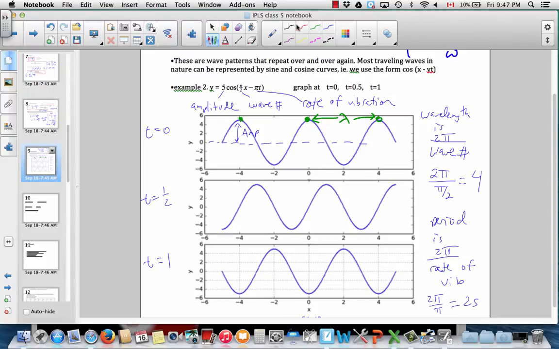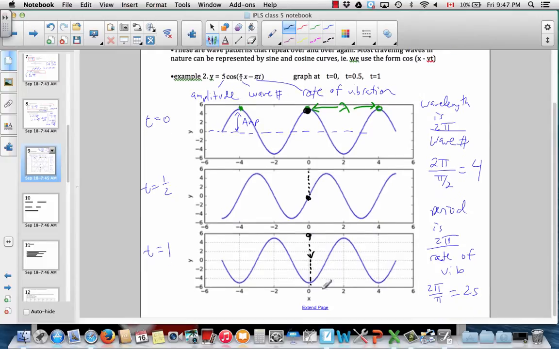Now, what does it mean to say that the period is 2? Well, if we consider a particle here at 0, then at half a second, that particle has moved down here. It's now at the midline or 0 point. And then at 1 second, it's moved all the way down. Now it's in a trough. It's at the bottom. So that's a half cycle, right? It still needs to go all the way back up to the top.